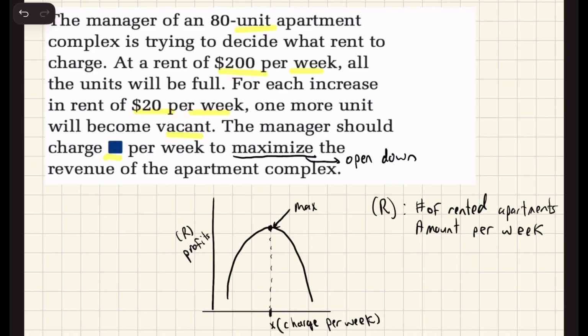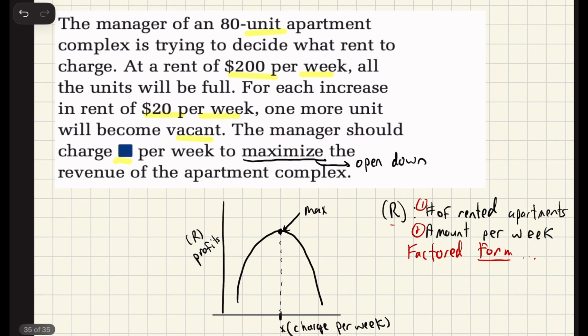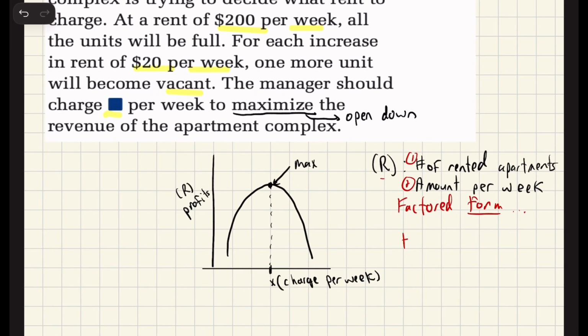And so whenever we have a function which is the product of something, so in this case the revenue is the product of the number of rented apartments multiplied by how much you're charging per week, then we know that we have to use the factored form of the quadratic, because that's the only formula where you have something times something. What I mean by that is that's the only formula where it's f of x is equal to a, and then x minus s and x minus t, right?